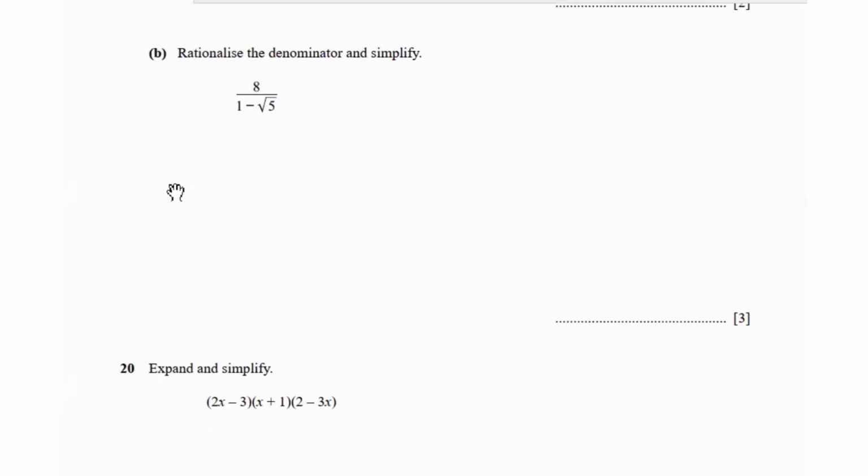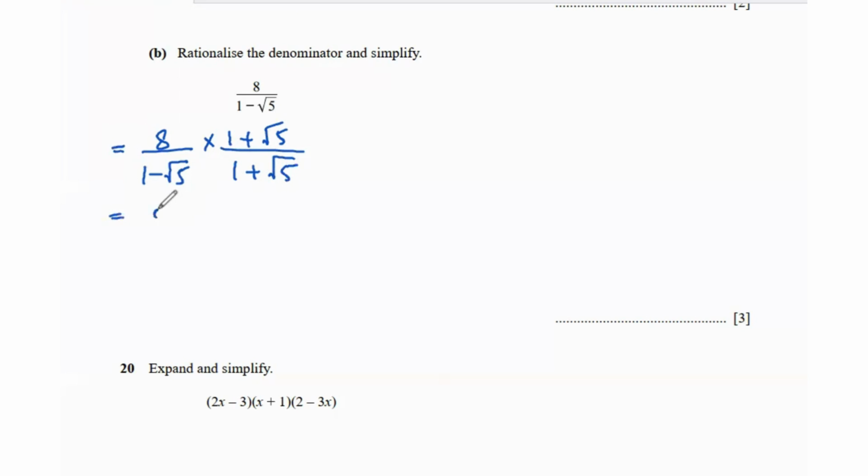Then it says rationalize the denominator and simplify. So now when you're rationalizing the denominator, we multiply the numerator and denominator by the conjugate of the surd in the denominator. So if it's 8 over 1 minus root 5, we will multiply and divide it by 1 plus root 5 over 1 plus root 5.